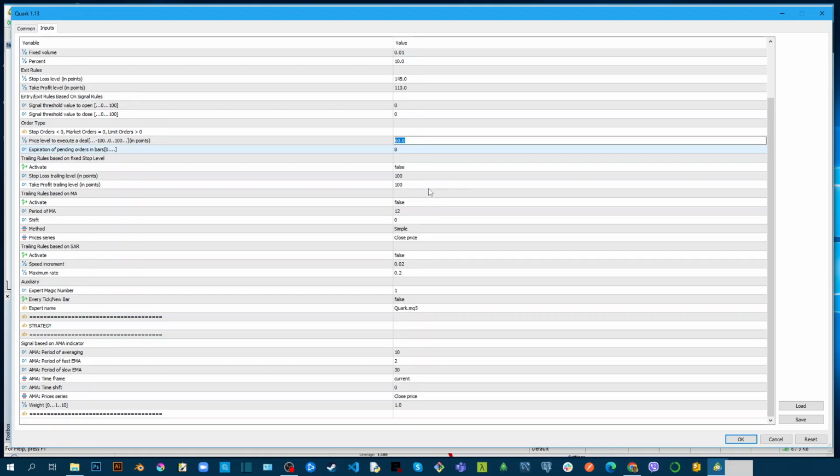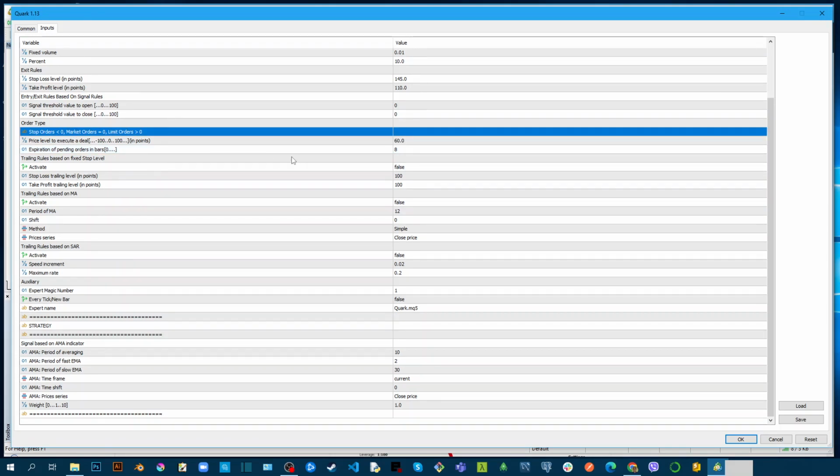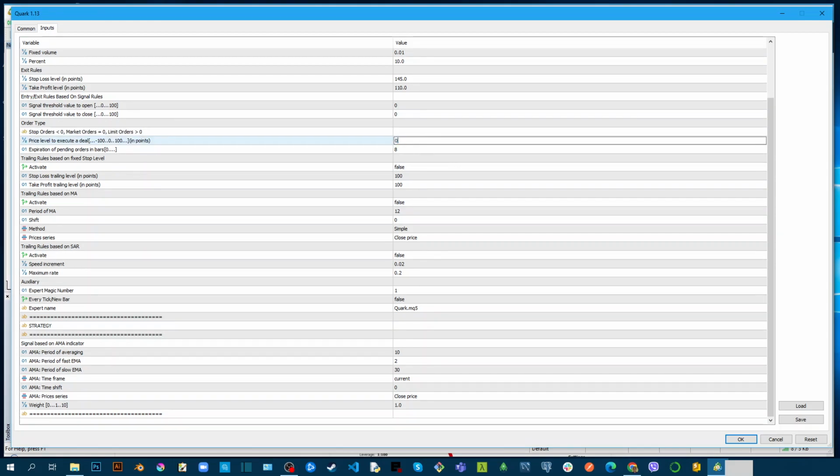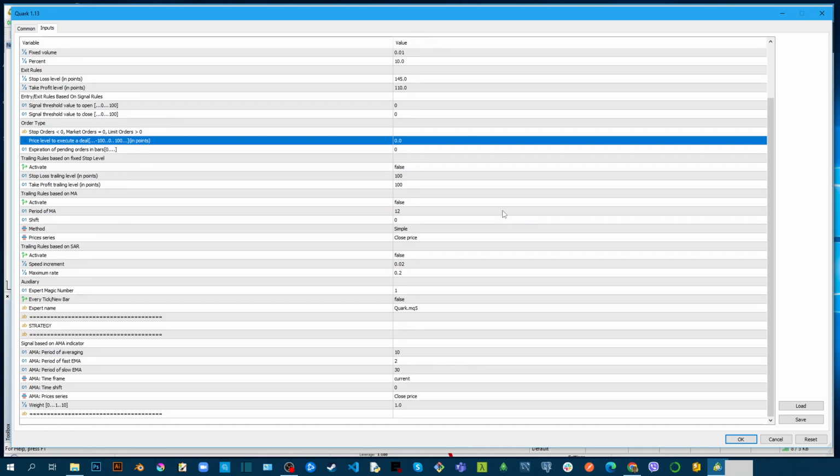For example, if you want this expert to open a market order, simply set this to 0, and the second field below, expiration of pending order in bars, must be 0 because we decided to use a market order.